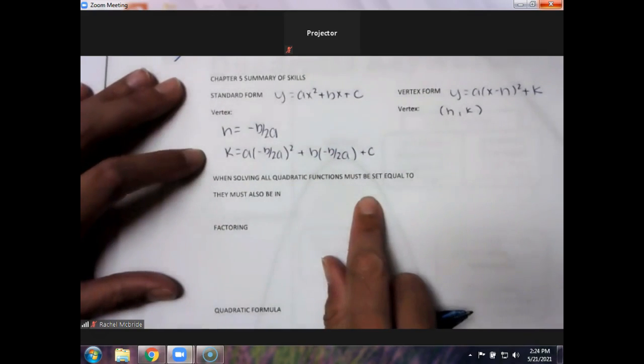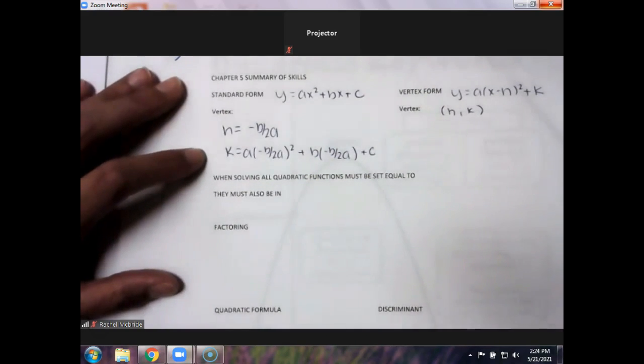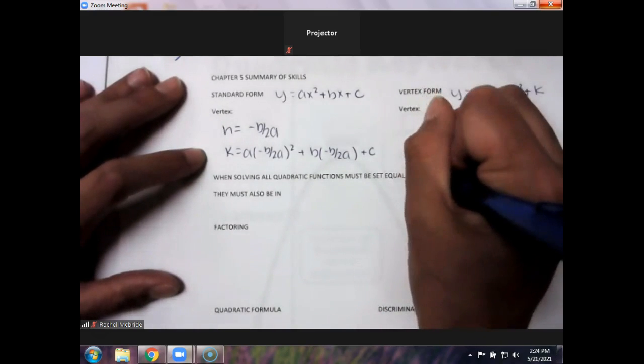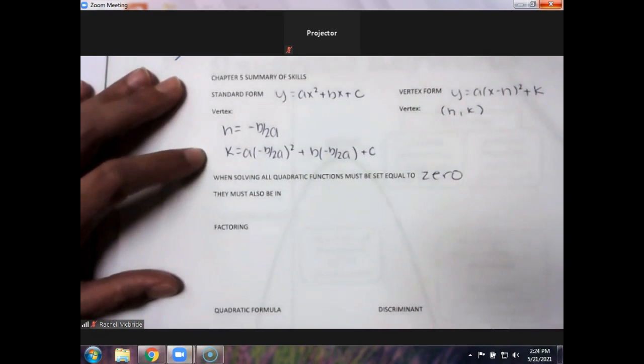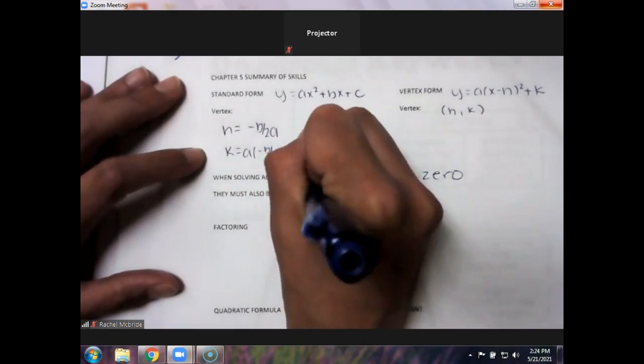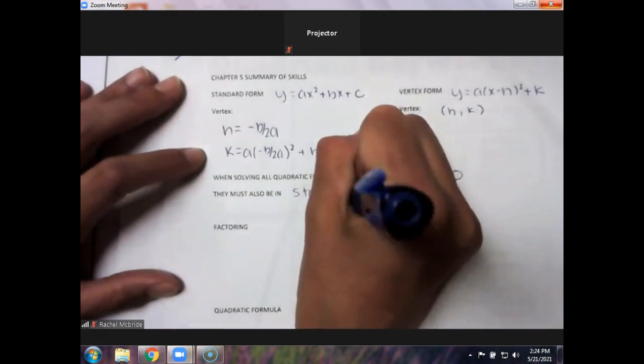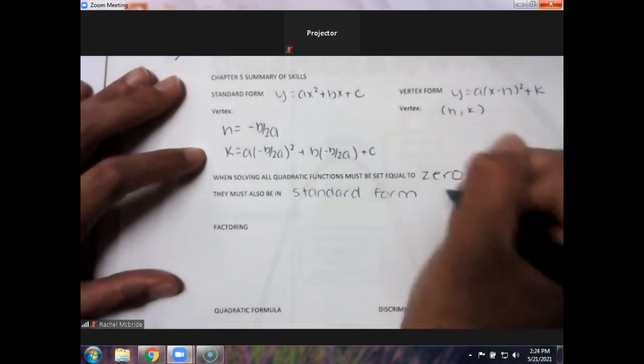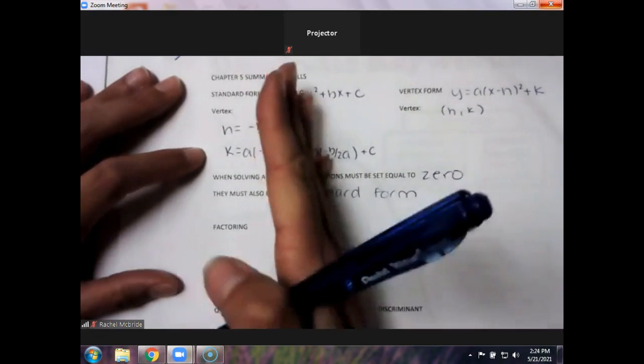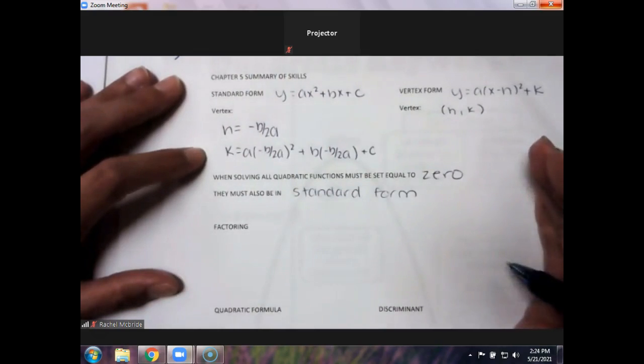When solving a quadratic, it must always be set equal to 0. And you should always be in standard form, meaning your factors or formula go from highest powered exponent to lowest.